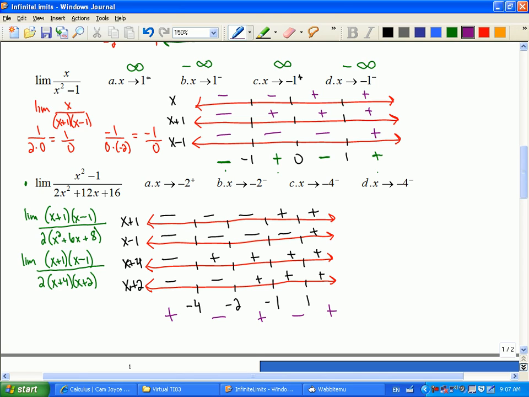So as I approach -2 from the right-hand side, that's right here, I'm positive, so it would be a positive infinity. If I was to graph it, I should see it going up to positive infinity. From the left-hand side, it's over here, it'll be negative. So I should have a negative infinity.